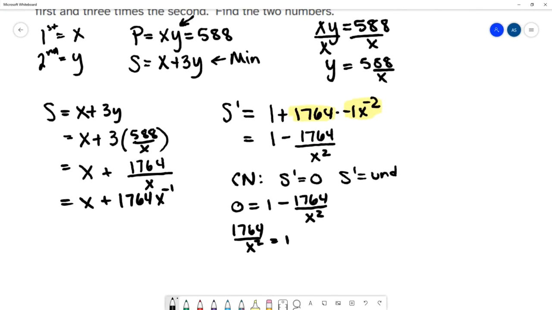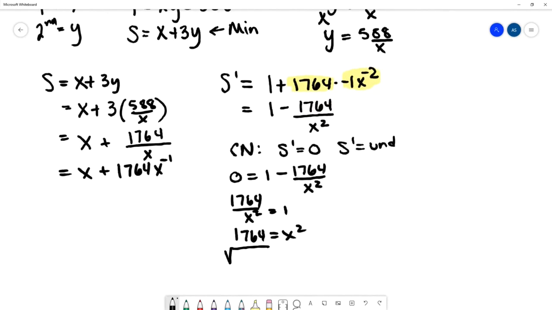I'll multiply both sides by x squared. That'll give 1764 equals x squared. And then I'll square root both sides. So let's see if that's a nice square root. Okay, the square root of 1764 is 42. So x equals plus or minus 42.